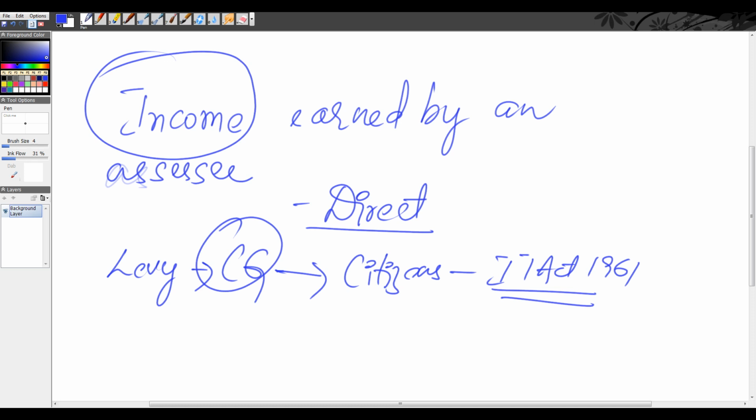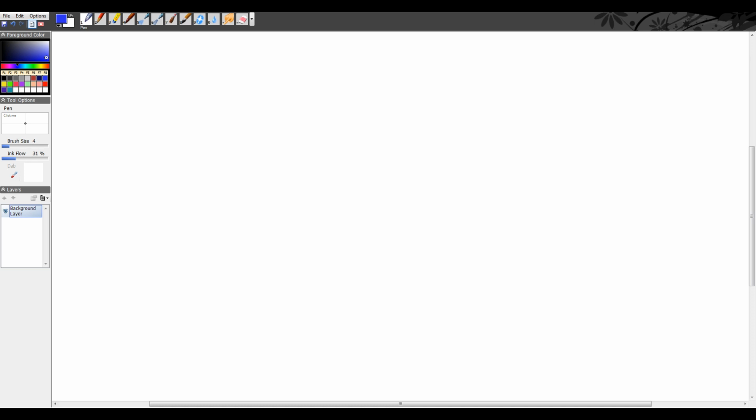Now, if they are imposing this tax, they are imposing this, of course, as we saw, on the incomes of the assessees. There are various definitions, of course, which are relevant for the discussion here. I would suggest, if you have not already watched a few of our videos which we put up yesterday and today, I would rather suggest you to watch those videos.